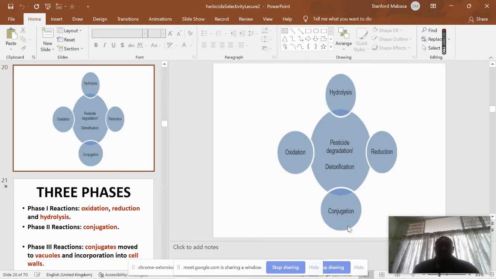So here is the summary of the processes of metabolism which can bring about selectivity. We have what is called oxidation.